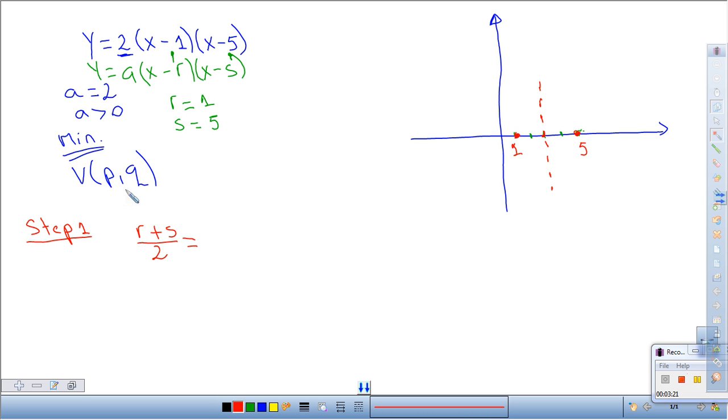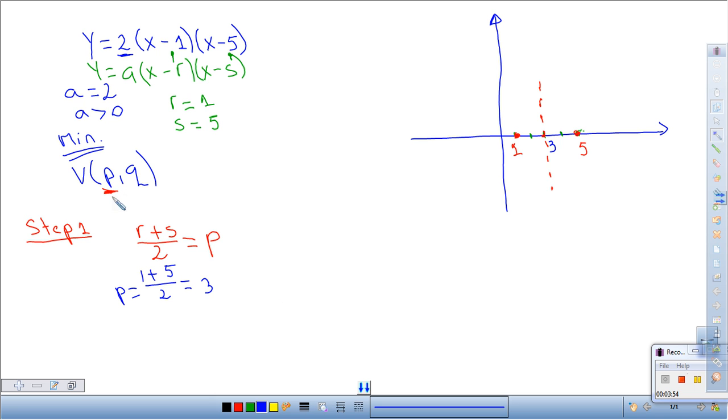And I hope you do remember that P was the one that was giving us the axis of symmetry. So let's substitute now. r is 1 plus s is 5 over 2 equals 1 plus 5 is 6 divided by 2 is 3. So the axis of symmetry is at P equals 3.